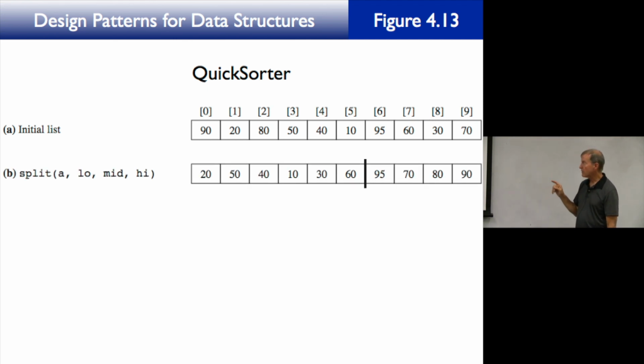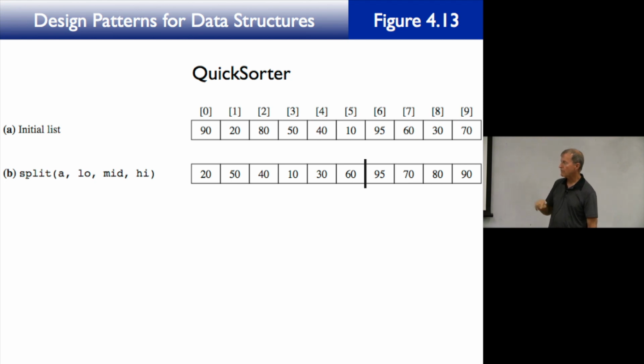Now, can you tell me in figure 4.13b, this is after we do split A, low, mid, high. Can you tell me what the value of mid is? Okay, first of all, you see the numbers 20, 50, 40, 10, 30, 60? Those are all less than the numbers what? 95, 70, 80, 90.